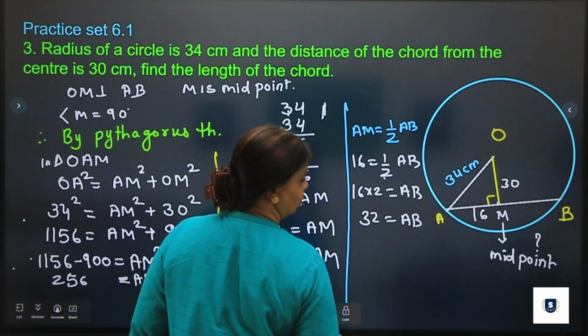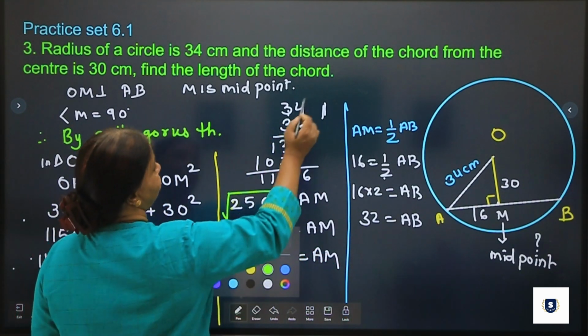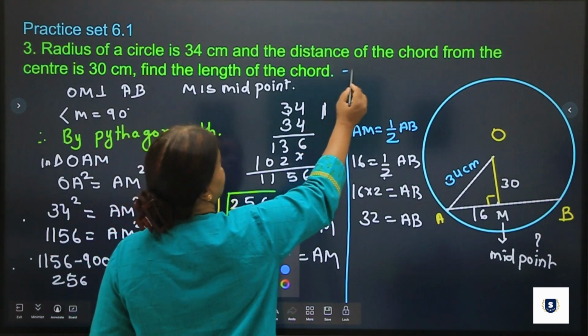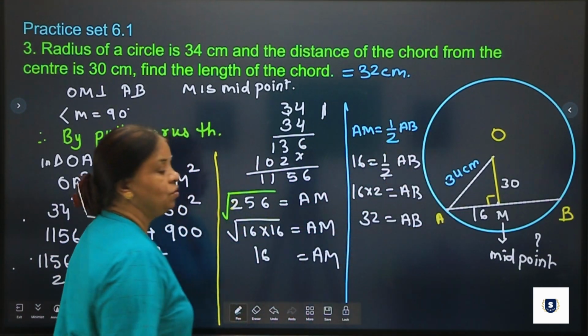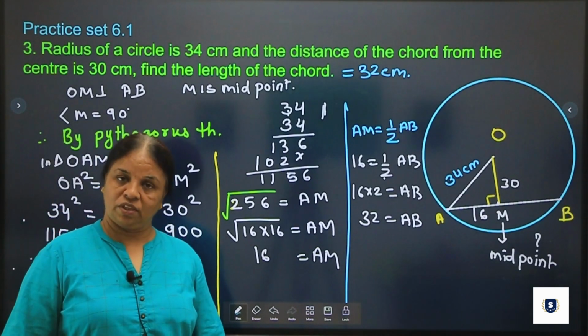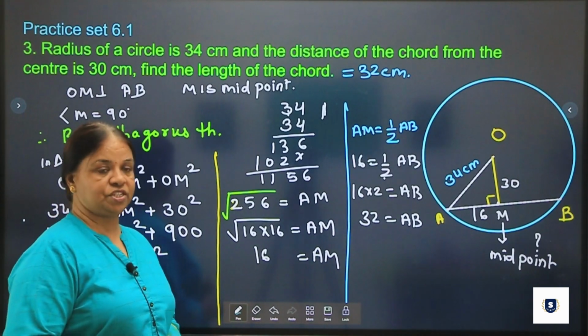So the chord is equal to 32, so the length of the chord is equal to 32 centimeter. You can pause the video and solve the sum, children. Let's go to the next question, that is the fourth question.